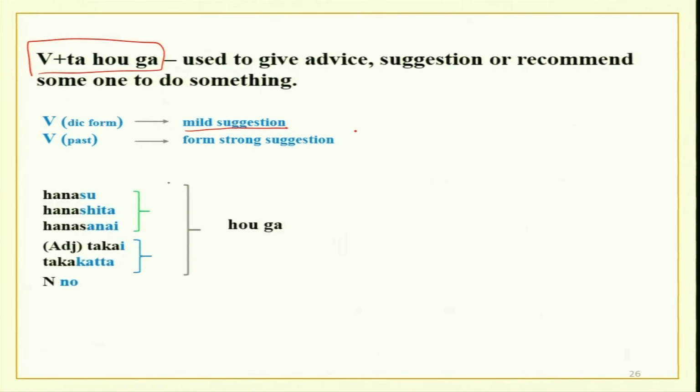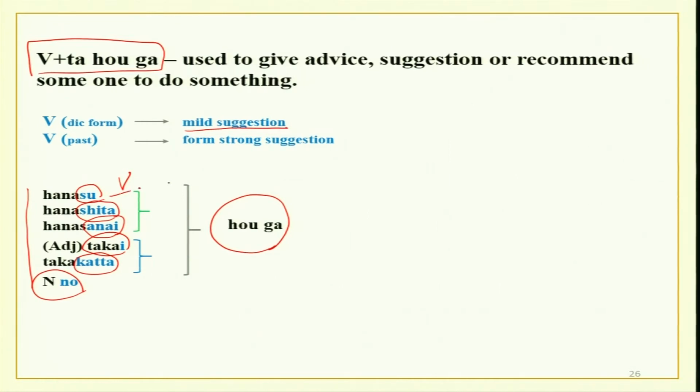So, what is it? The grammar is before hoga you will have to use the plain form of the verb as is given over here: hanasu, hanashita, hanasanai, takai and takakatta, and for noun no is going to be used. Now, how is it going to be done?